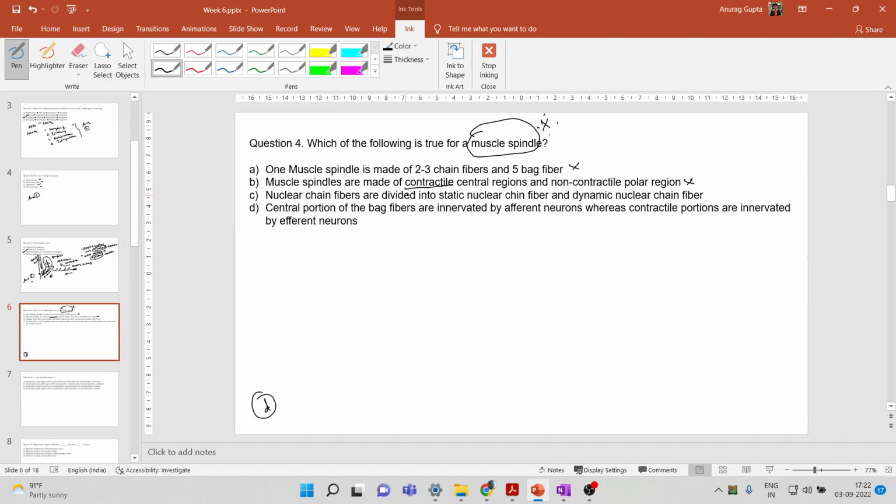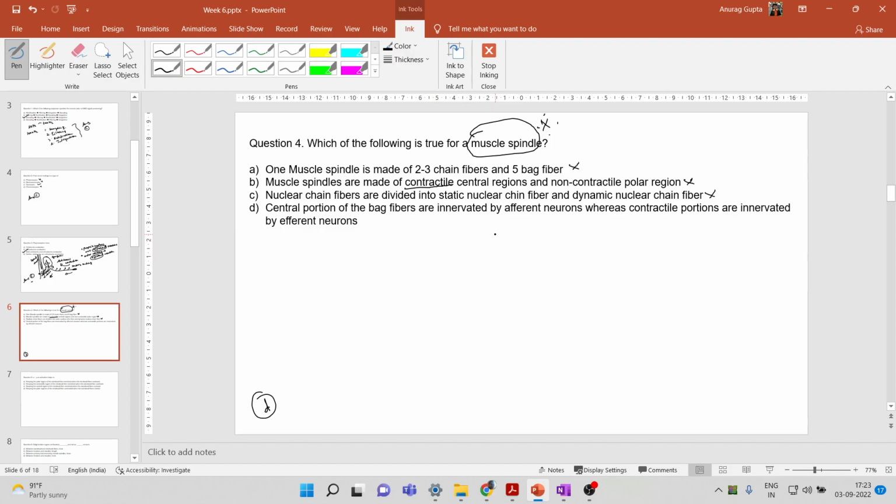Nuclear chain fibers are divided into static nuclear chain fiber and dynamic nuclear chain fiber. No, this is wrong. It is the nuclear bag fibers that are divided into static nuclear bag fibers and dynamic nuclear bag fibers. So this is the wrong statement. D: the central portion of the bag fibers is innervated by afferent neurons, whereas the contractile portions are innervated by efferent neurons.